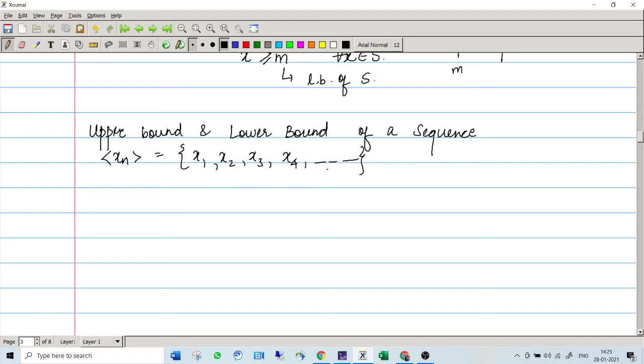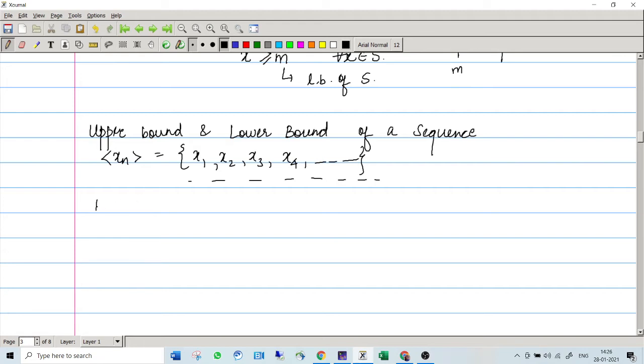So if we have a collection of numbers, we can talk about its upper and lower bound. Whether it exists or not is a different case. But we can at least try looking for some numbers which can act as an upper bound or the lower bound of this sequence as a set.